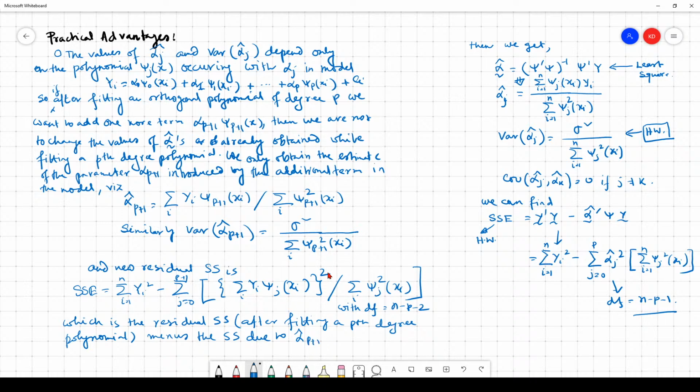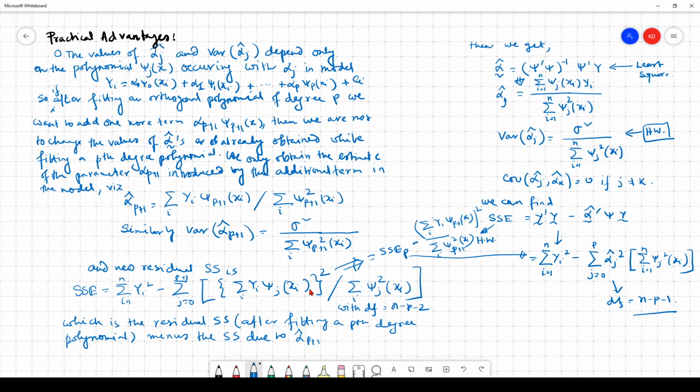I mean to say this: SSC p, which I already computed for the p degree polynomial, minus just this one, sum over i yi xi p plus 1, xi square, divided by sum over i xi j square, xi p plus 1, sorry, xi p plus 1 xi.